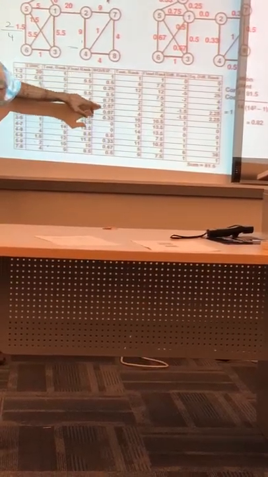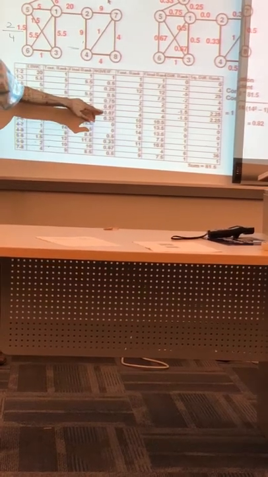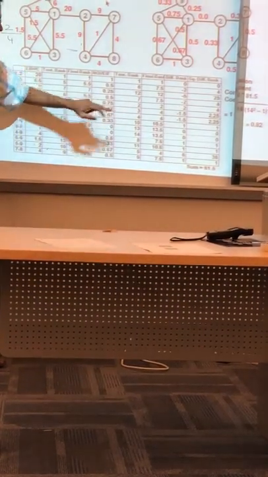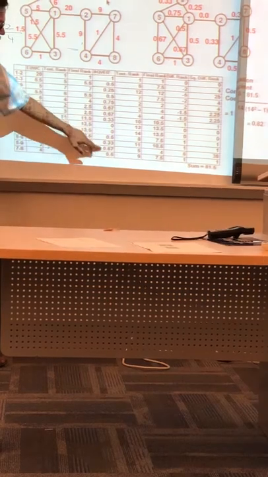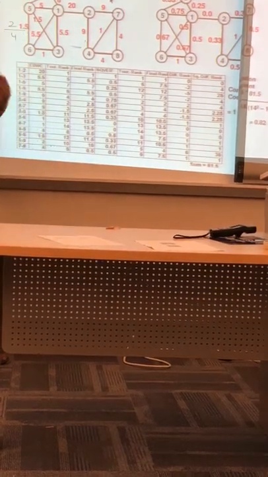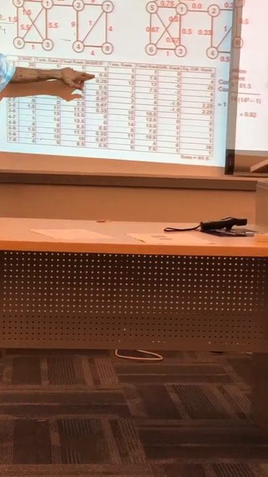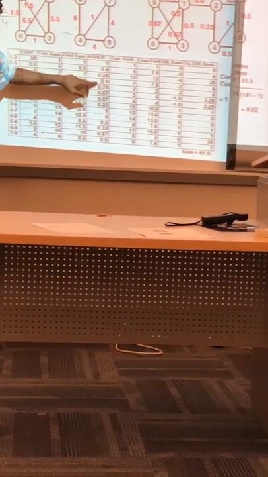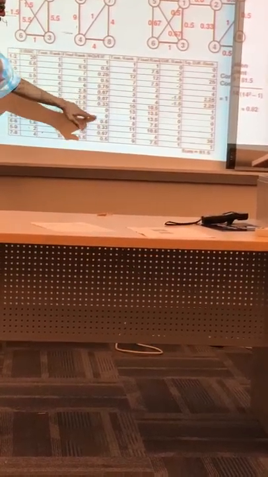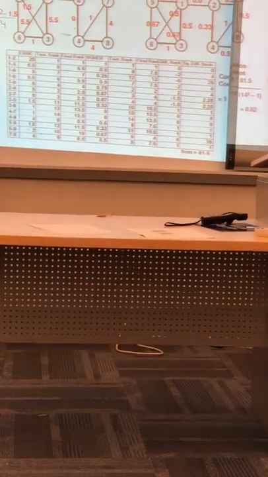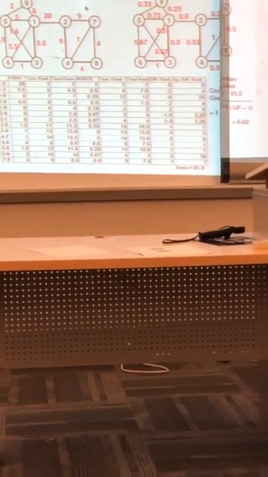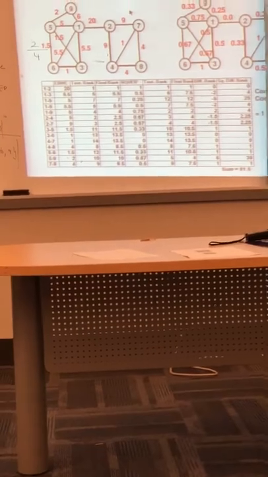The next largest value is 0.67, 2 edges, so it's 3 and 4, and then there's another one, so 5. So 3 edges have 0.67, and then for 0.5 you have 1 here, so 6, then 7, and 8. So just write down the order in which the edges are listed.